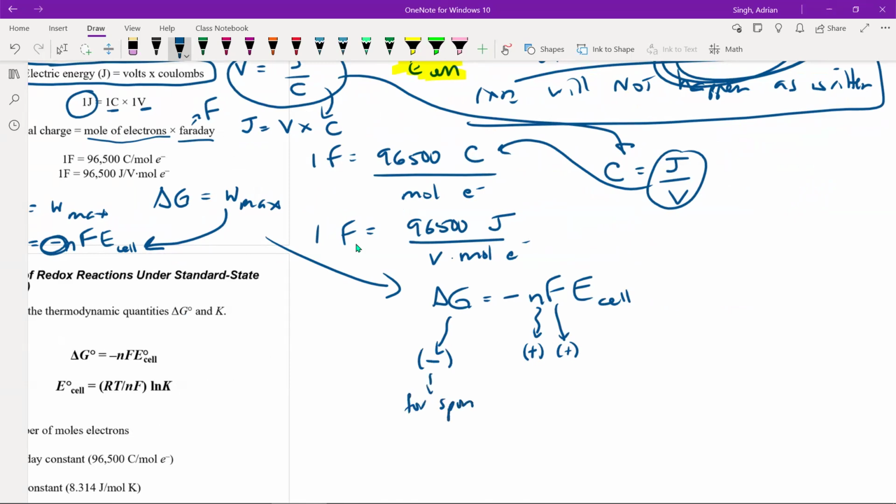So if we think about all these things here on the right side, in order for the product of everything here to be negative, right? We know N is positive, F is positive. It means that E of the cell also must be a positive value, right? And what that suggests is that in order for a reaction to be spontaneous, E of the cell needs to be positive.